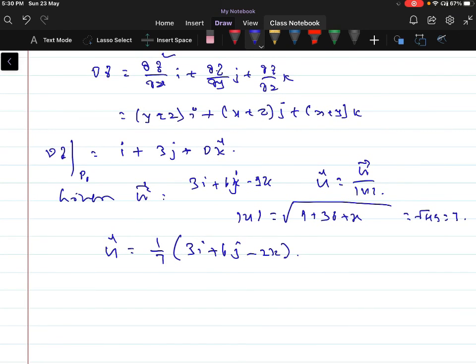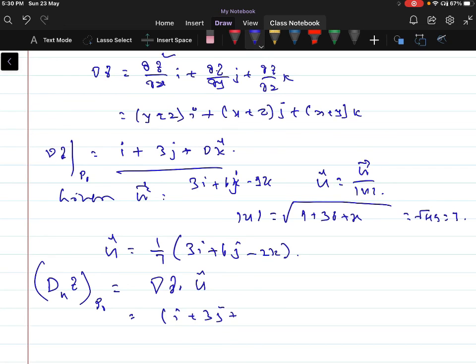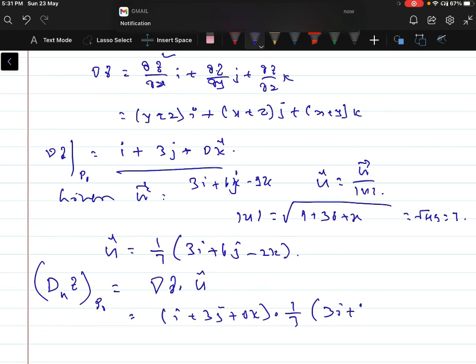So therefore directional derivative of the function f in the direction u at the point p naught can be written as gradient of f dot unit vector u. So where gradient of f is i plus 3j plus 0 into k cap, dot product of 1 by 7 into 3i plus 6j minus 2k.